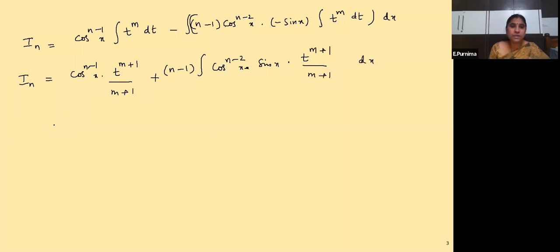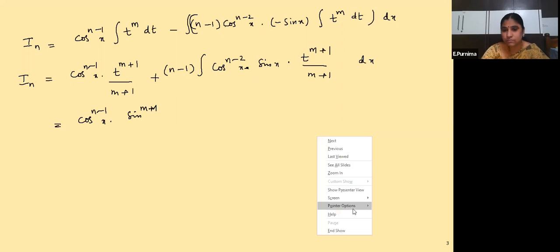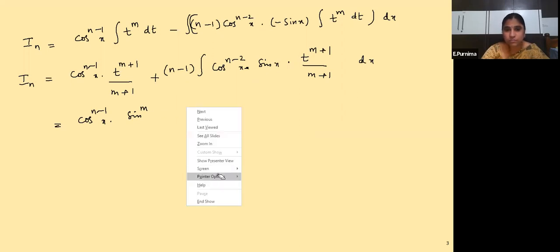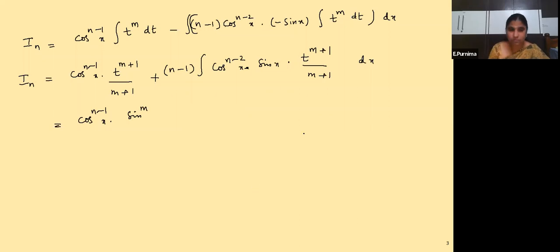So let us replace that t with sin x, children. So cos to the power of n minus 1 x into t to the power of m plus 1, that is sin to the power of m plus 1 x by m plus 1.